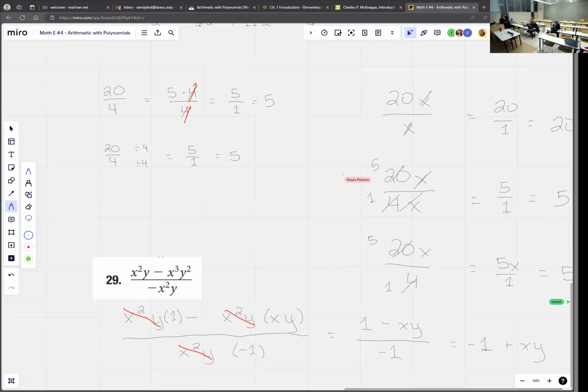So the tricky part was, how did I look at it and know that the x squared y was going to be the part in common? Is there another way to solve that? Let me answer my question before yours. How did I know that? Because I looked and said, what's the biggest x always gets to?